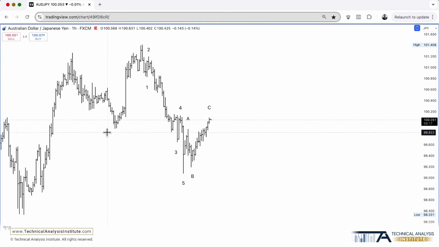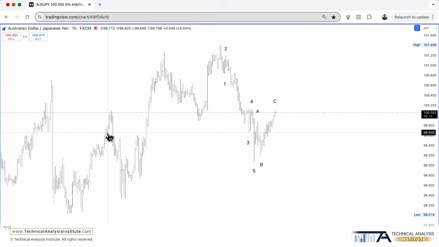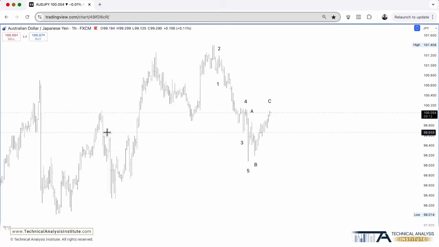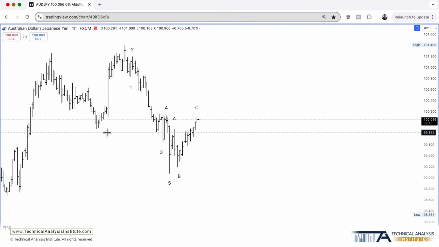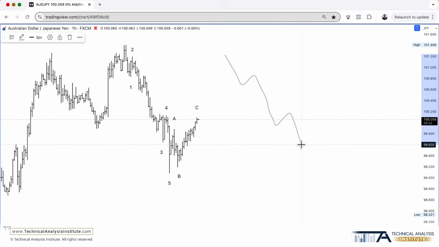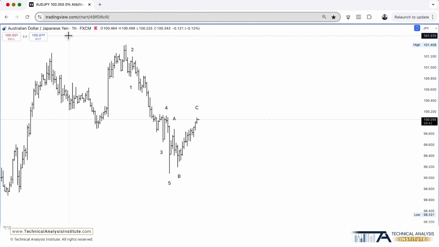And even though we saw in the larger time frame that there were higher highs and higher lows, we can see here that there are 5 waves moving down and 3 waves moving up, which means that this is the exact same structure that we have been discussing, but in the opposite direction. 1, 2, 3, 4, 5, A, B, C. The 8-wave structure that we discussed a few minutes ago.